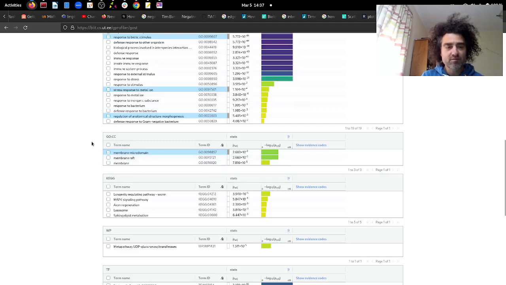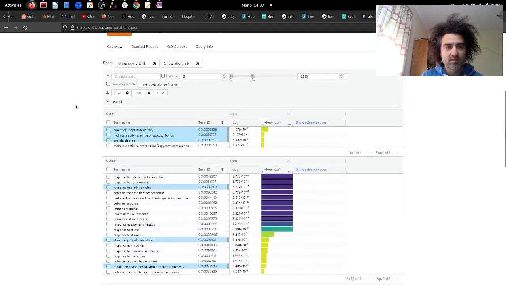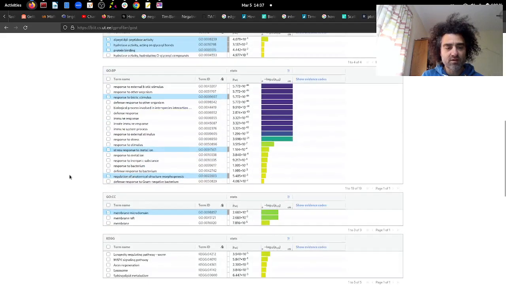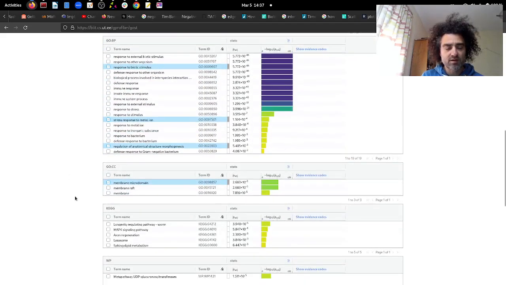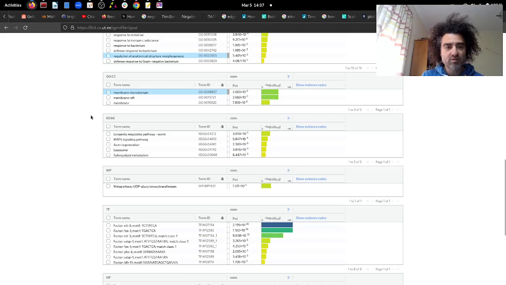Besides these three terms of gene ontology, there are other terms that the gene might be linked to. This is a pathway from the database called KEGG.